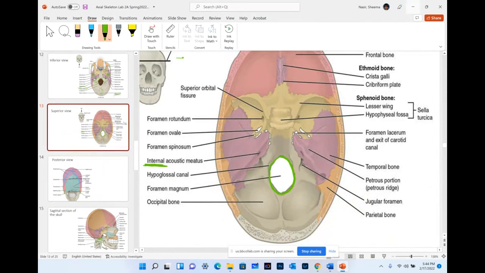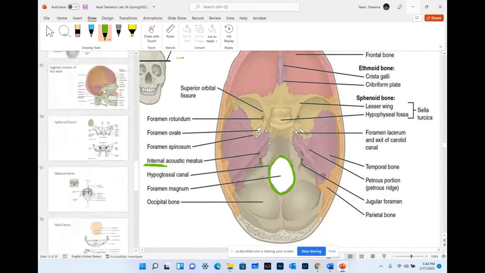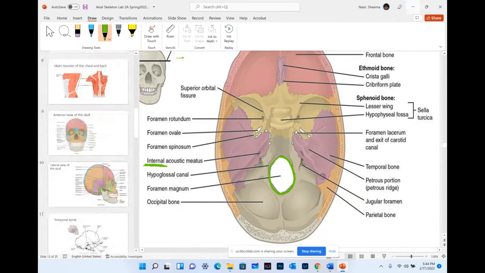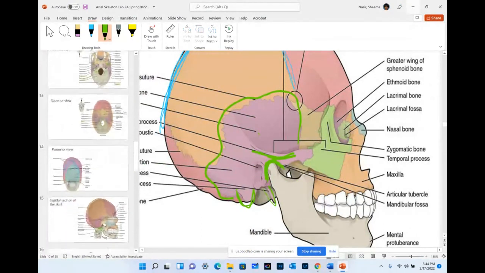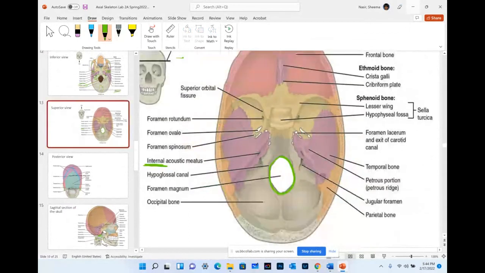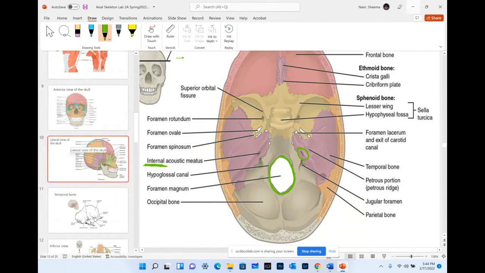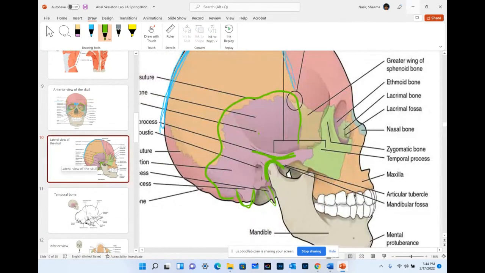It is internal because external, remember where was the external? External was right here on the outside. External, as the name suggests, is on the outside, and internal is going to be present on the inside of the skull. So this is internal auditory meatus, and the other one was external auditory meatus that I showed you right here, external auditory meatus.